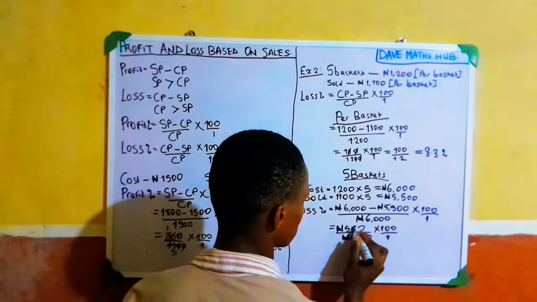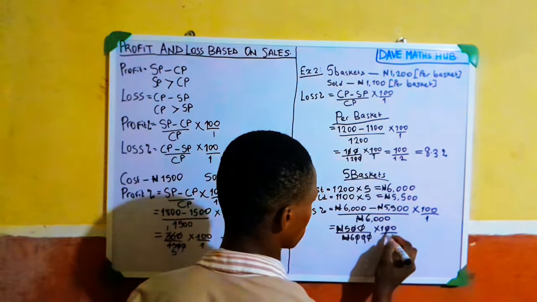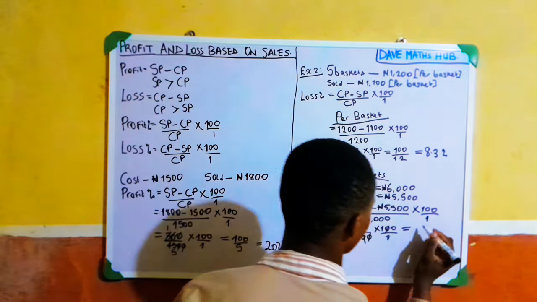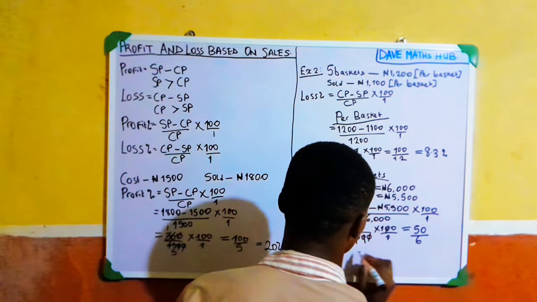This 0 cancels this first 0, 0 cancels this 0, 0 cancels this 0. So we are left with 50 over 6.